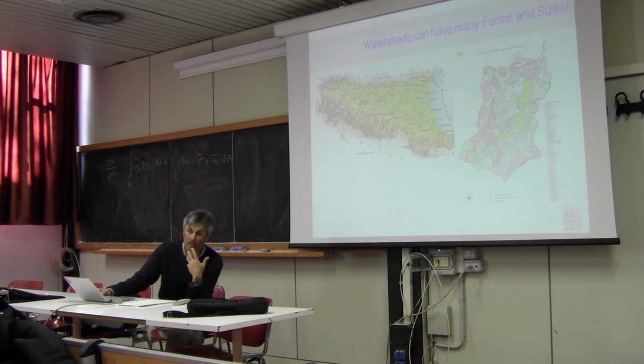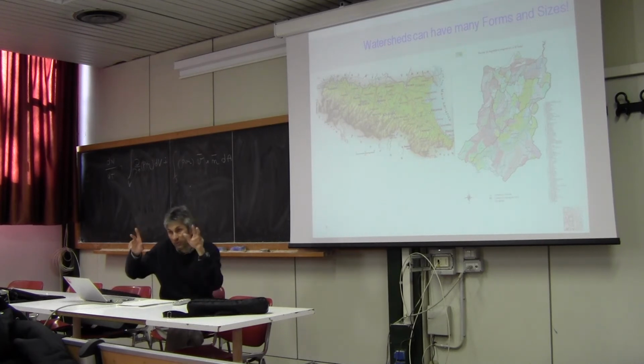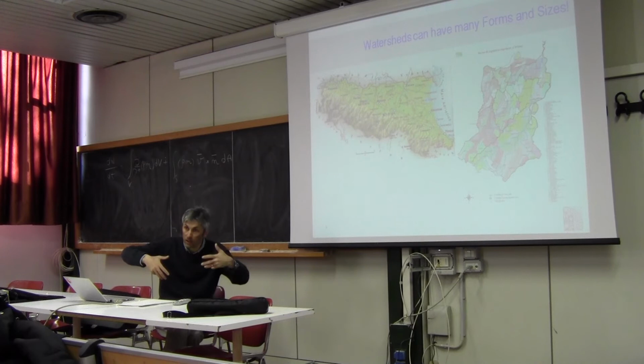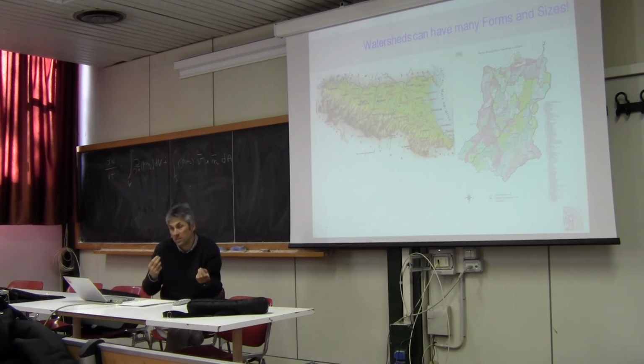Of course, people are trying to understand what is the impact of geology, not just the external geometry, but also the internal geometry, including geology, because different geologies mean different geometry for the subsurface flow paths.